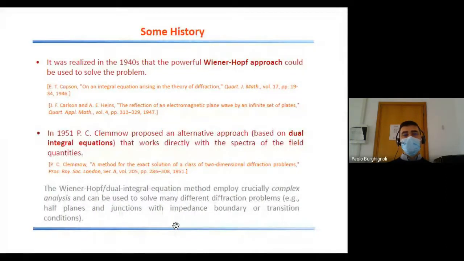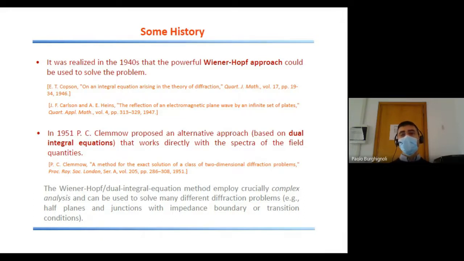And in particular, both approaches, the Wiener-Hopf and also its simpler formulation in terms of dual integral equations, are characterized by the fact that both employ in a crucial way complex analysis and were actually generalized to solve many different diffraction problems.